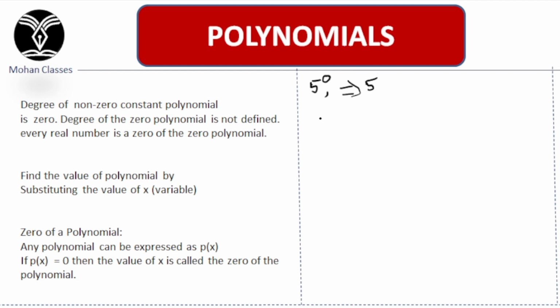So for any constant, the power is 0. Only then it is called a constant. That is why they mention the degree of a non-zero constant. Non-zero constant means it is a constant, not 0. The power is 0. The degree of the zero polynomial is not defined.